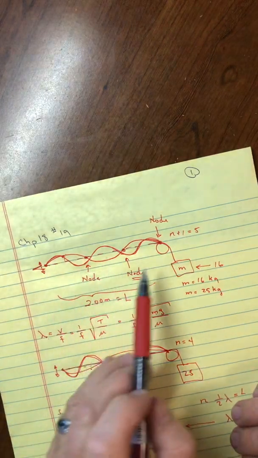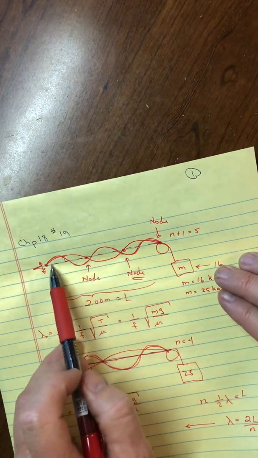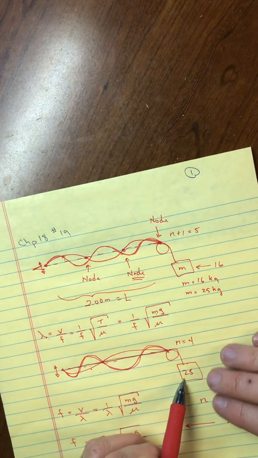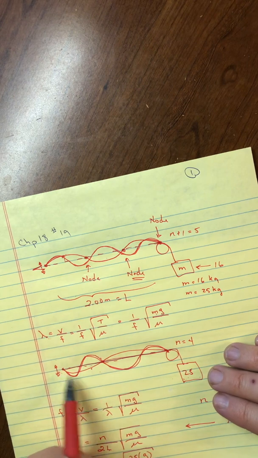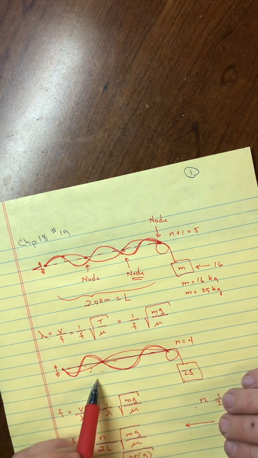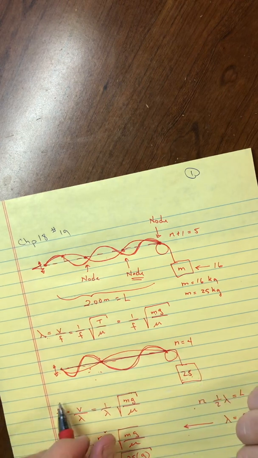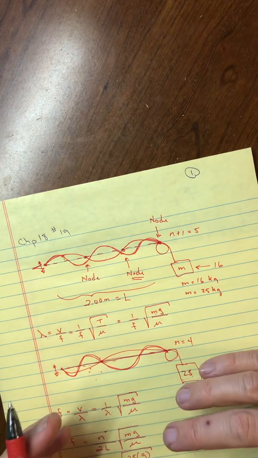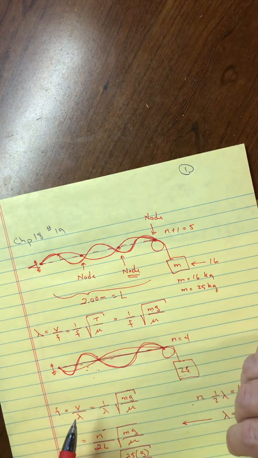Okay, well, let's come back to this picture, because now that we see that hanging 16 would make 5 humps, the fifth harmonic, and hanging 25 would make 4 humps. Hanging more mass would make 3, more mass would make 2, more mass would make 1, and if you go more than that, you're really not going to get oscillations. You're really not going to get a standing wave pattern.